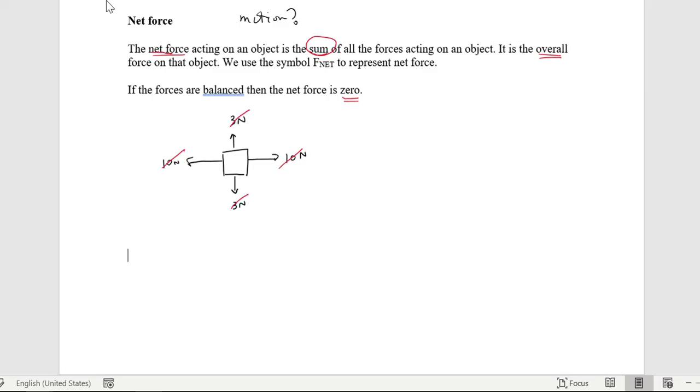And this force and this force cancel each other out. And so at the end, there's a net force of 0 because all the forces balance. So F net is equal to 0. And so this object would not accelerate anywhere. If it's still, it would remain still.